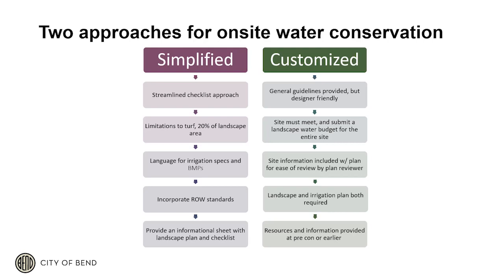Thanks for bringing that up. Maybe we can even talk in terms of incentives there, right? If you're redeveloping, is there an incentive we can provide to upgrade your landscape?